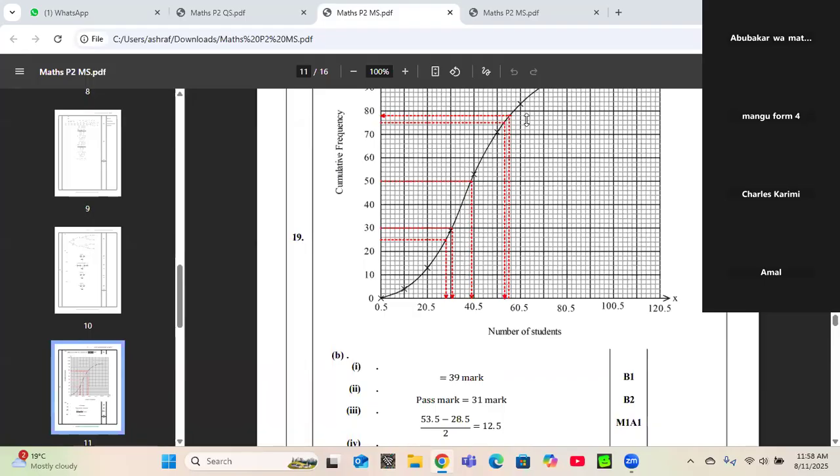The next question is, you were told if 55 marks was set as the pass mark during the analysis, estimate how many candidates passed. 55 marks is the pass mark. So how many candidates passed?